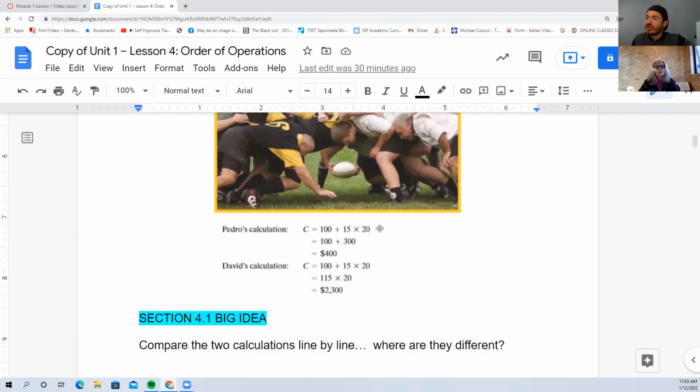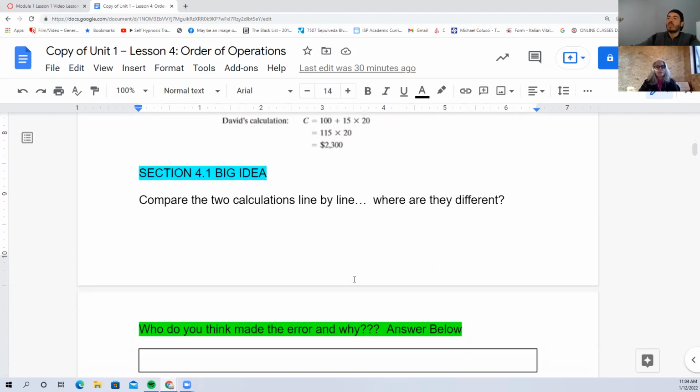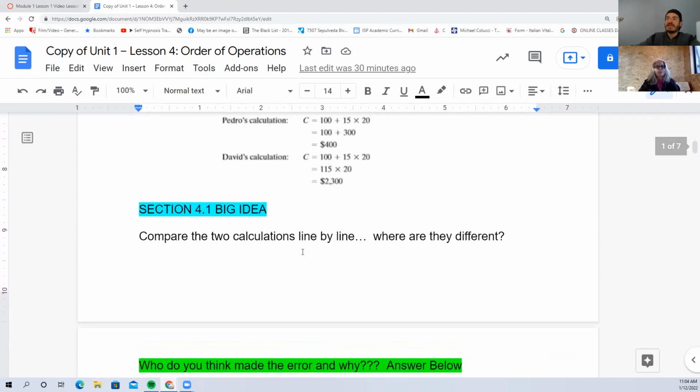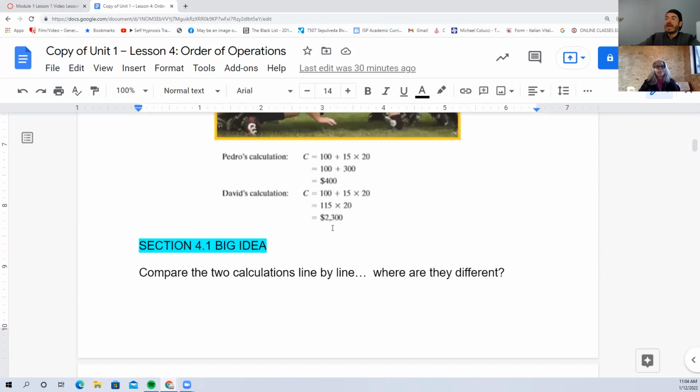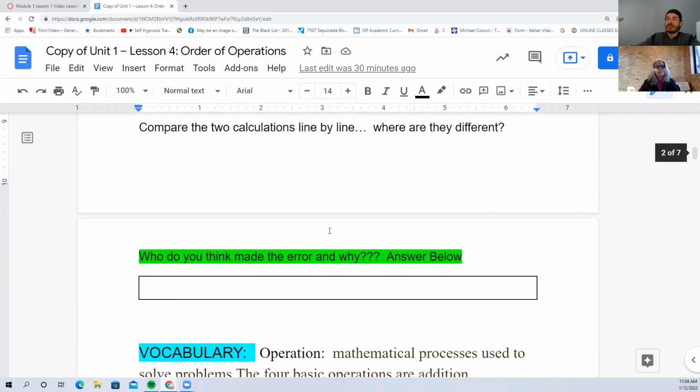He does the multiplication on the 15 and the 20, then adds it to the 100. David has the same numeric expression, 100 plus 15 times 20, adds first and then multiplies. Where are they different? Well, David is adding first and Pedro is multiplying first.